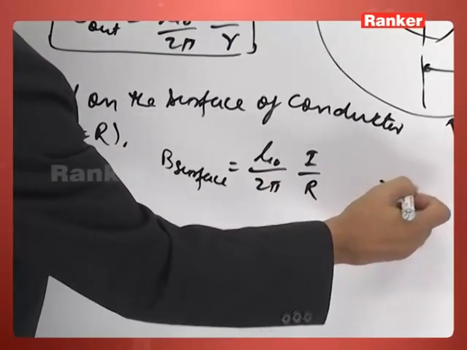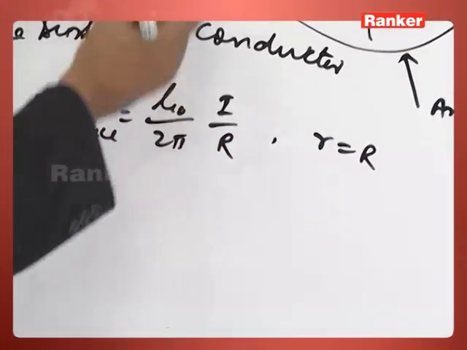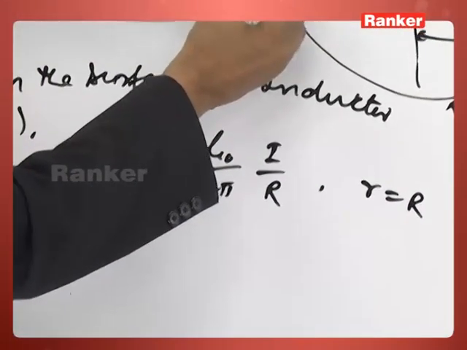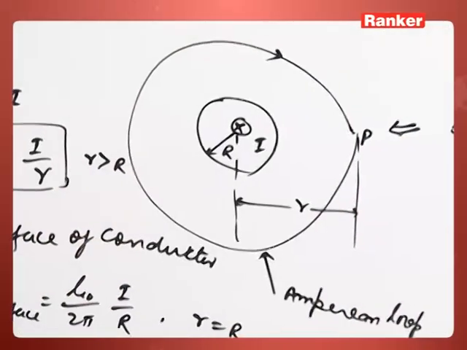So that is for small r equal to capital R, and this is for small r greater than capital R.